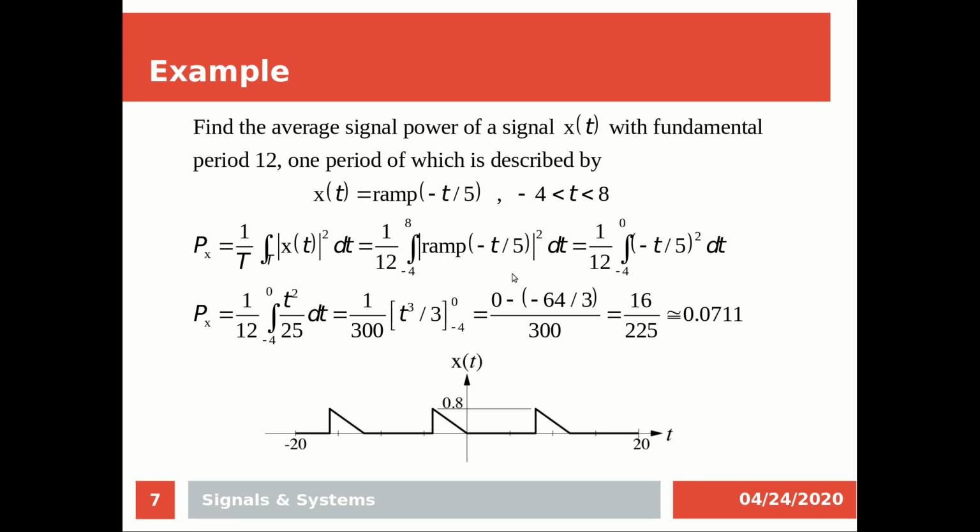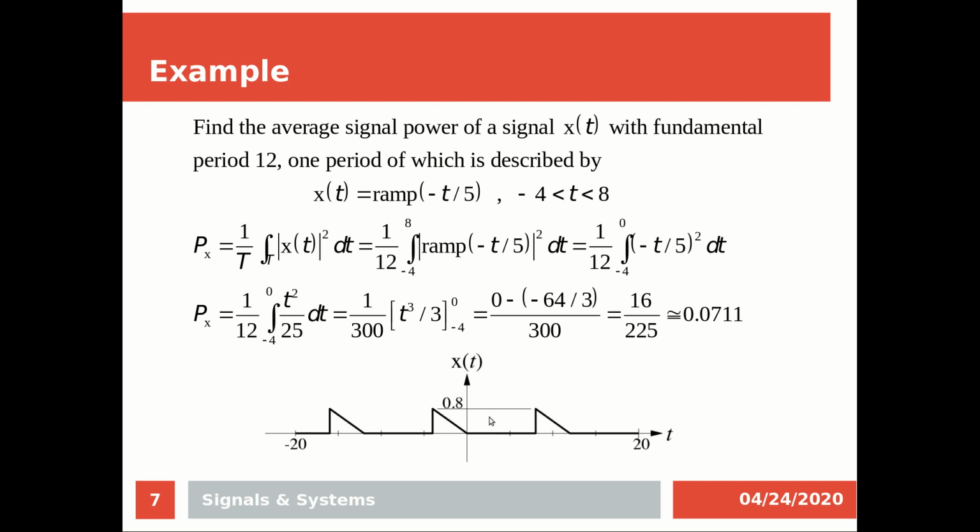This is the period. Now my signal is from -4 to 8, where it is ramp of t, and everything before it is zero, if you remember.